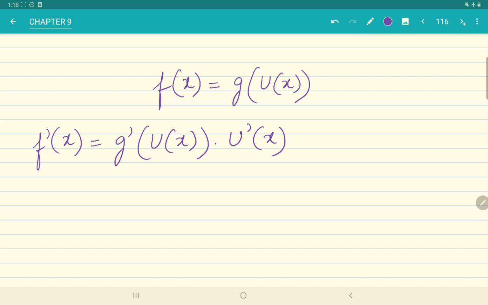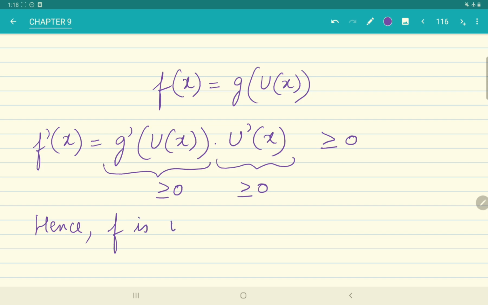I know that both g prime and u prime are greater than or equal to 0 because both g and u are increasing, so you have a product of two terms that are both greater than or equal to 0. That means f prime x is greater than or equal to 0, and hence I can write f is increasing.